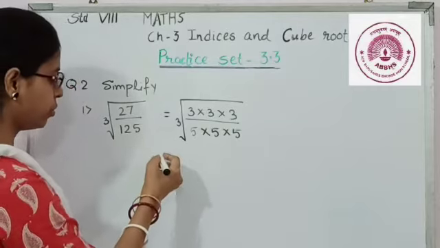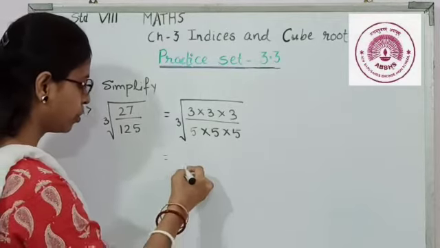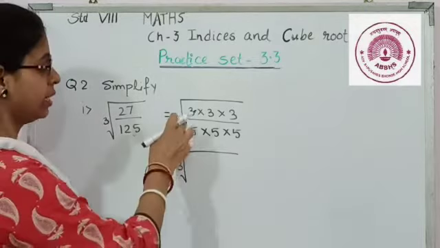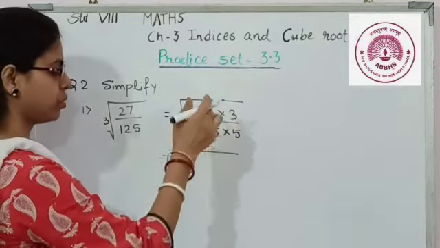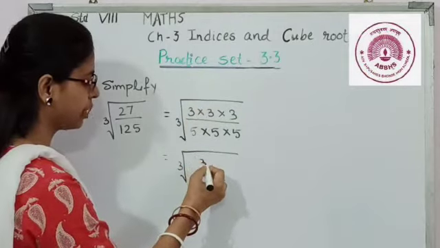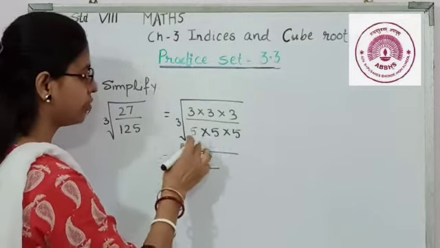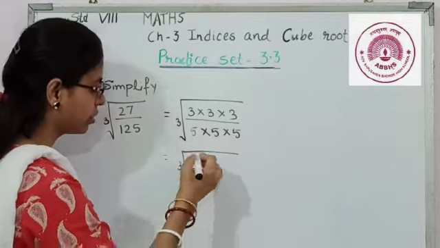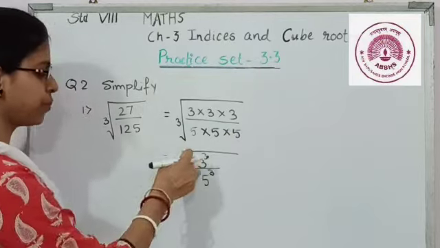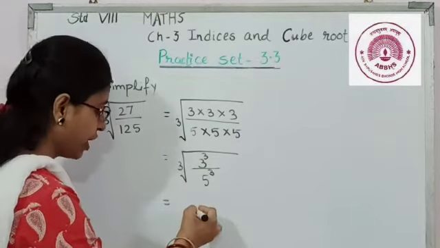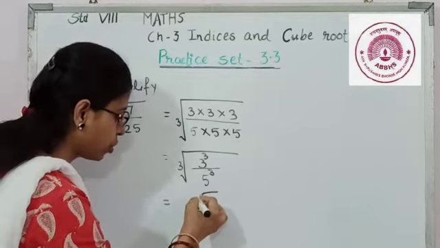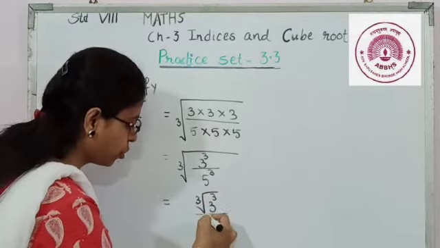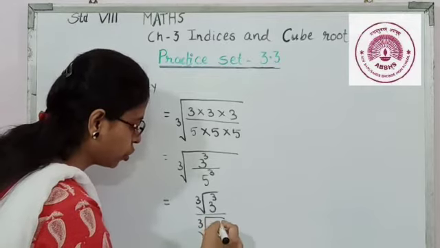Okay. Now according to the cube rule, 3 multiplied by 3 multiplied by 3 is 3 raised to power 3. Similarly 5 multiplied by 5 multiplied by 5 is 5 raised to power 3. Now here you can split the cube root sign. So we can write it as cube root of 3 cube upon cube root of 5 cube.